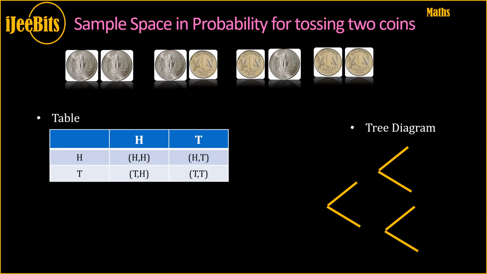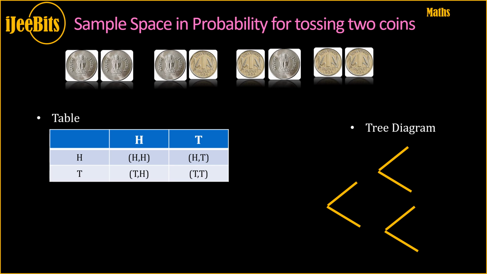Now let's look at simple math for getting the probability value for a favorable event. Let's say you are flipping, or tossing, two coins, and you are trying to achieve head and head. Coin one should get a head, and coin two should also get head. So what is the probability of getting head and head would be your question. Let's say we know the constructed table with all the possible outcomes: head and head, head and tail, tail and head, and tail and tail.